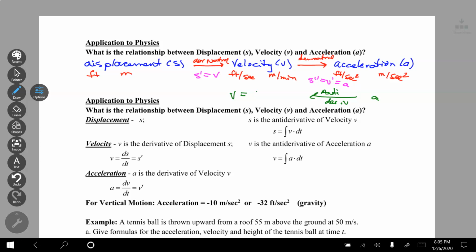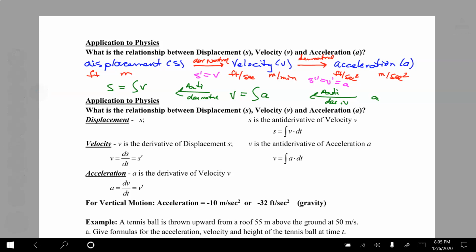My velocity is going to be the integral or the antiderivative of a. If I do it again, take another antiderivative, my displacement is equal to the antiderivative of velocity. So working in reverse, acceleration's antiderivative is velocity, and the antiderivative of velocity is displacement.